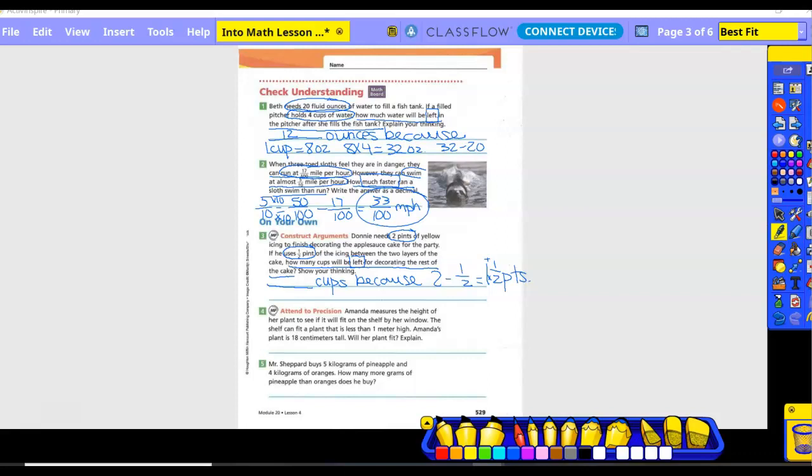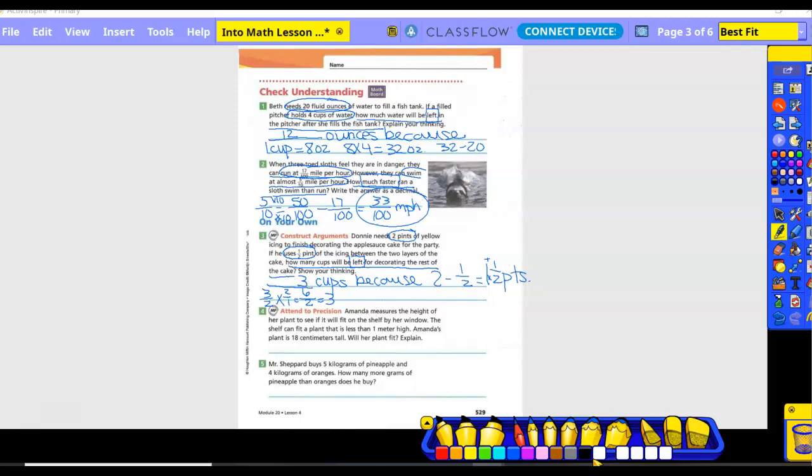Plus 1 is 3. So 3 halves times what? How many cups are there in a pint? 2. So 2 over 1. So then I just multiply straight across, correct? Okay, so 3 times 2 is 6. 2 times 1 is 2. Can 2 go into 6? Yes. How many times? 3 times. So 3 cups should be how much he has left over for the top.